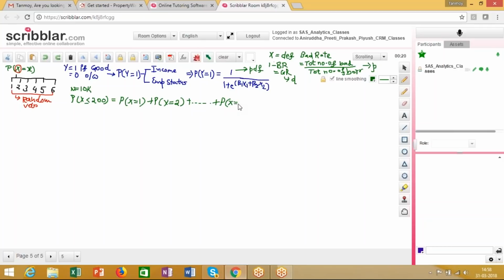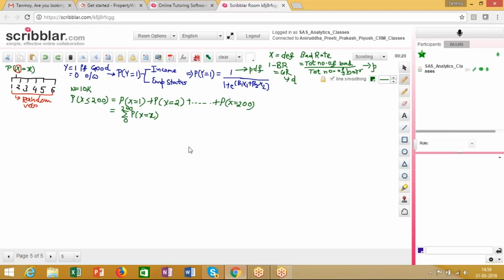The total sum of this will give me the probability of getting defaults less than or equal to 200. Or I can just sum up the probability of x equal to x, from 0 to 200. So this is the entire idea.